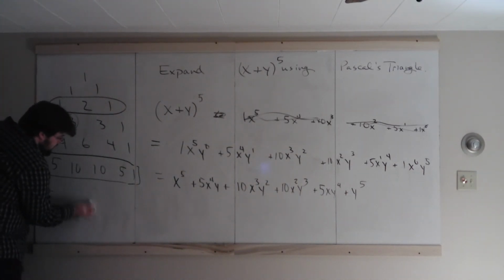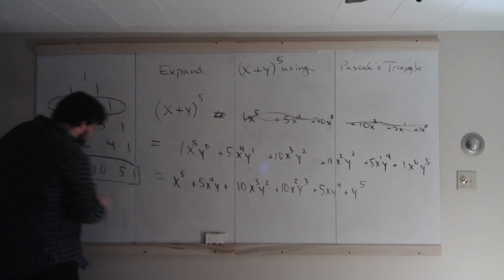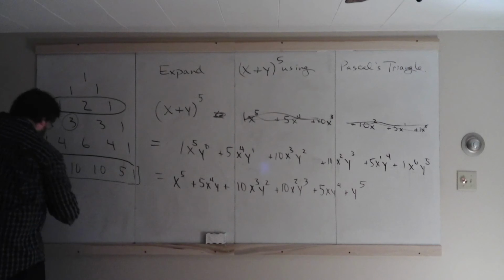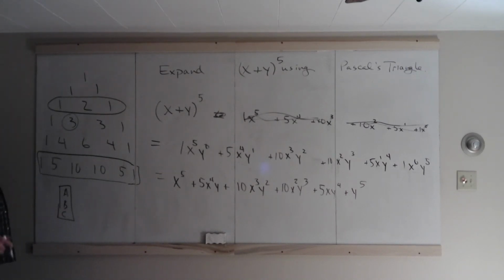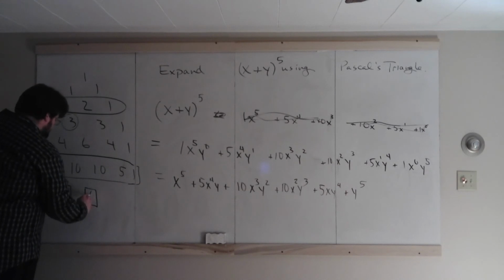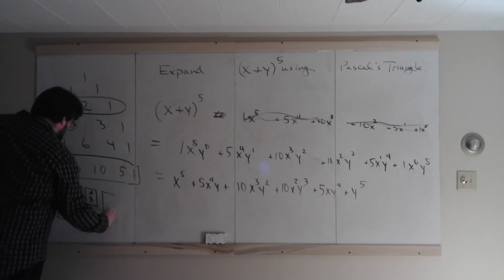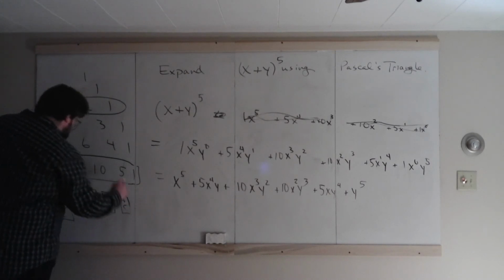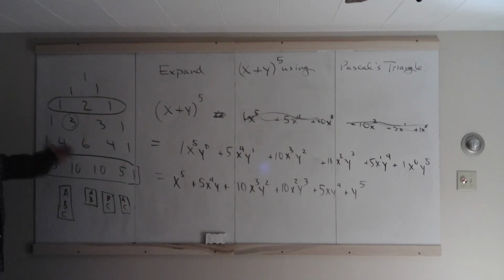One of many interpretations of that is, given a set of size 3, so A, B, C, how many subsets of size 2 are there? Well, there's A, B, there's B, C, and there's A, C. So there are three subsets of size 2 in the set of size 3.